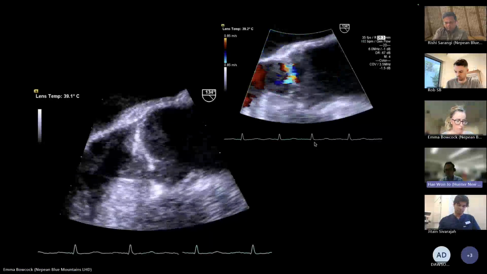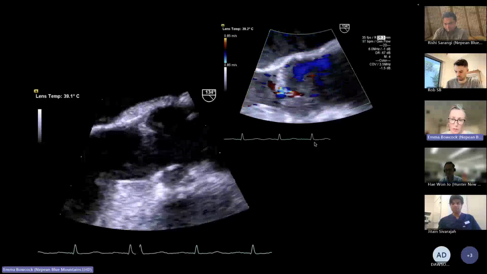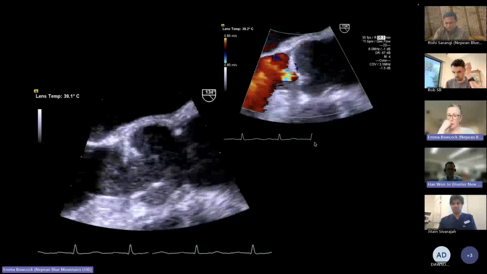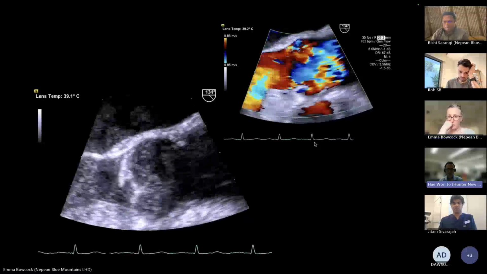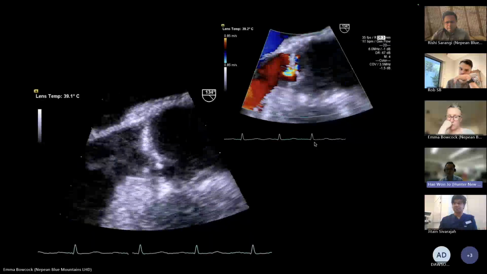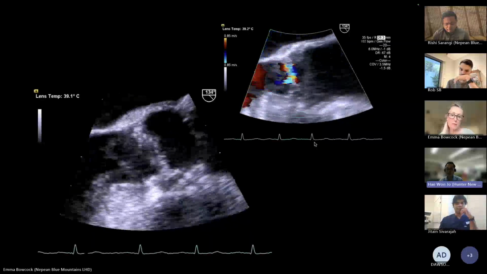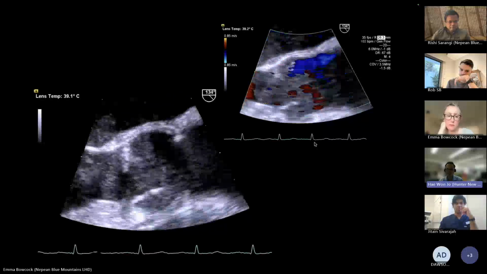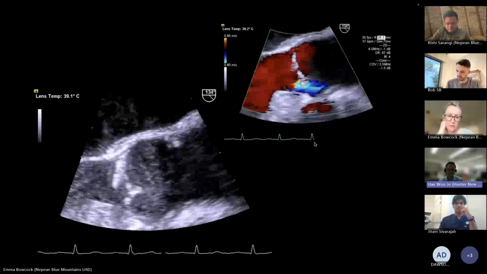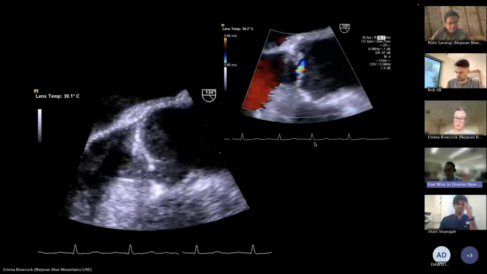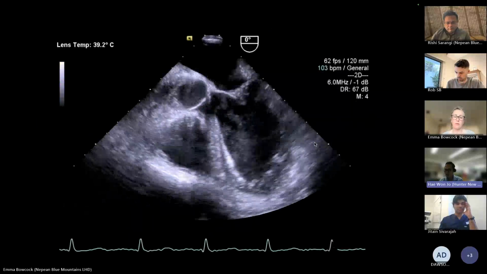I can't recall. Tell me, what do you think the mechanism of the AR is then in this case? So I might just gather my thoughts a bit. In the context of dissection, given the leaflet of the non-coronary or the left coronary cusp looks abnormal on 2D, I think it's due to excessive leaflet motion in the context of dissection.